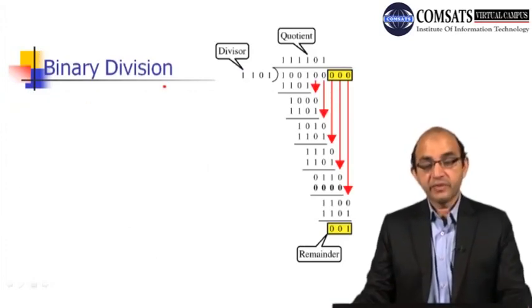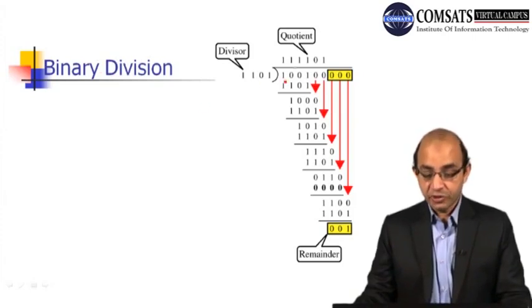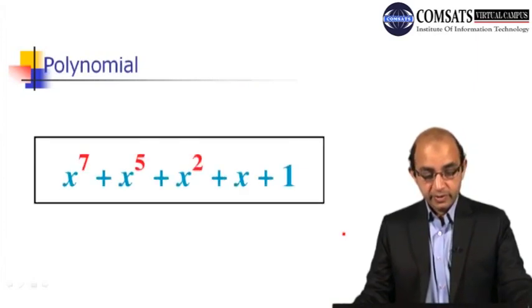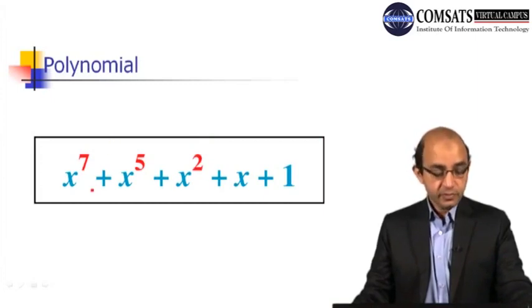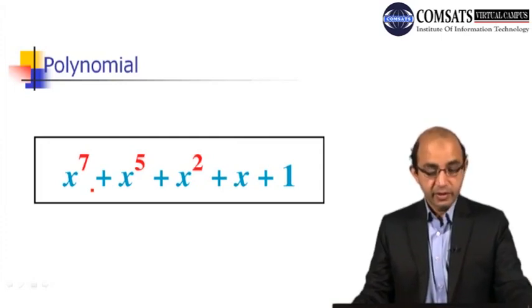So here we have the binary division, and this is divisor, quotient, and remainder, right? This is the actual data, and then we have divisor, and this is the quotient, and you can see this is the remainder. We can also use a polynomial as a generalized representation of the underlying CRC, x7, x5, x2.